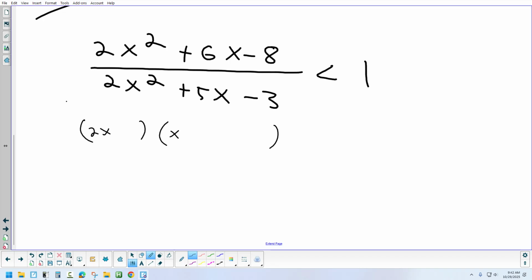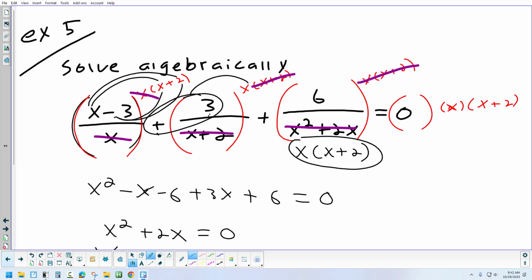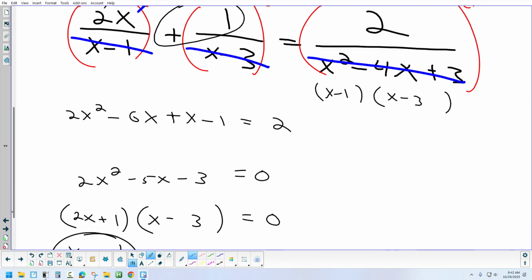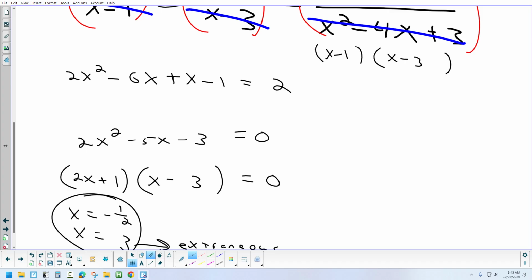So if we try to factor the bottom, we would have 2x squared plus 5x minus 3. Didn't we just do one like that? I thought we did. 2x squared minus 5x minus 3. Well, it's almost going to factor the same way. We're just going to switch the signs. 2x minus 1, x plus 3.